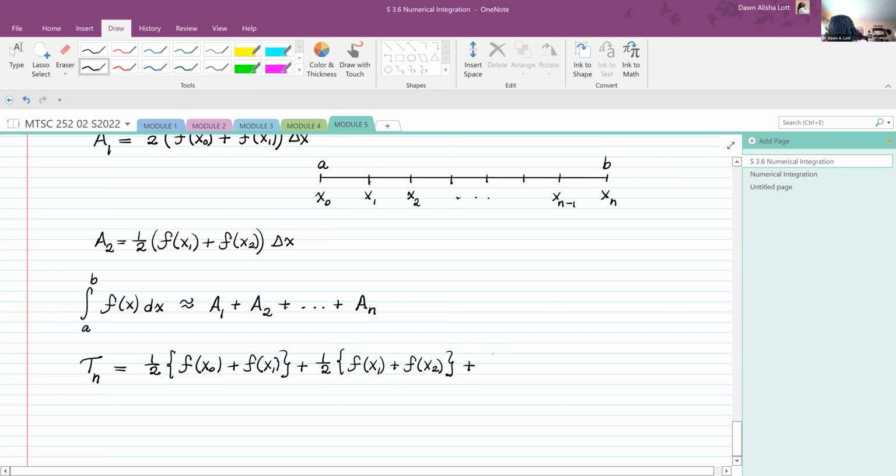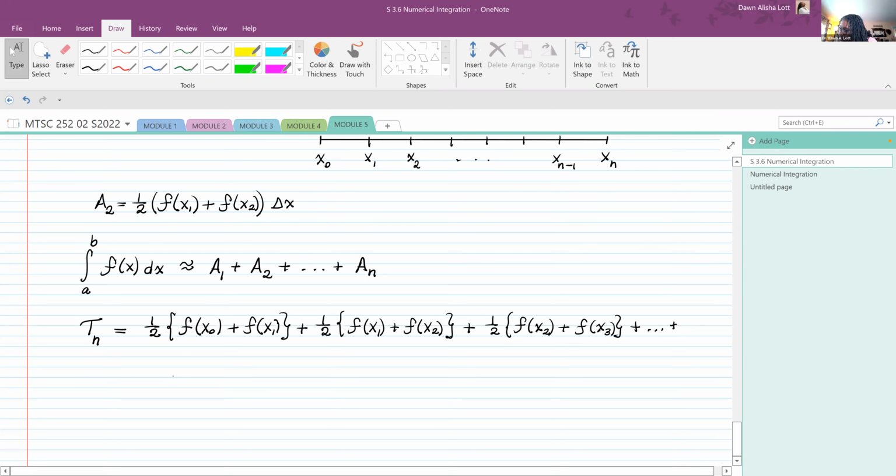Then I'm going to get 1/2 f of x2 plus f of x3, plus dot, dot, dot, plus the last one, which is 1/2 f of x sub n minus 1 plus f of x sub n.